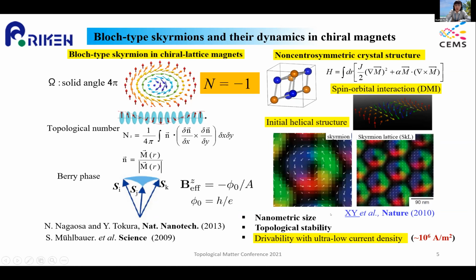And as a previous invited speaker said, the skyrmion is actually a promising information carrier for future applications, because it can be driven with a small electron current, several orders of magnitude lower than that needed to drive a ferromagnetic domain wall.